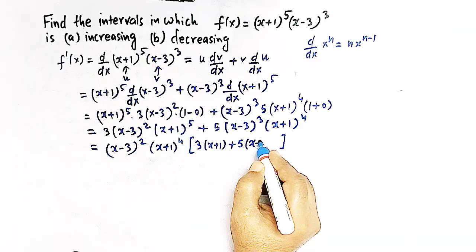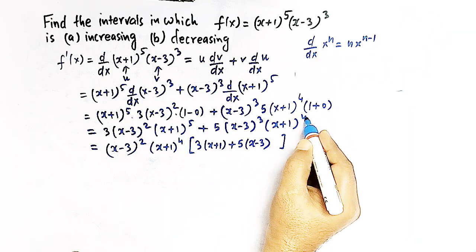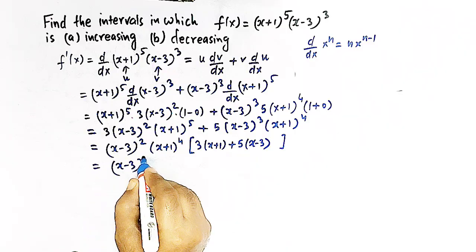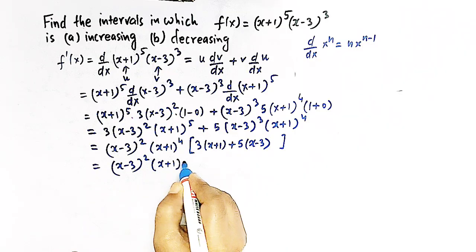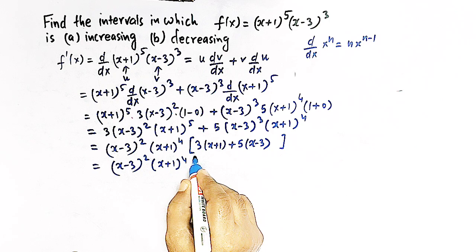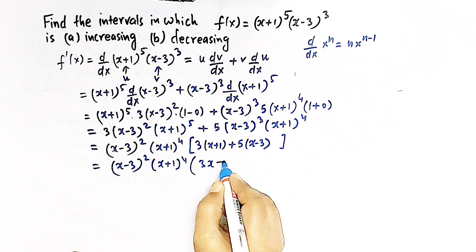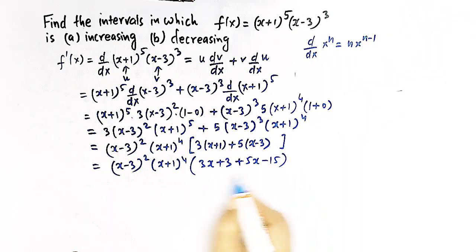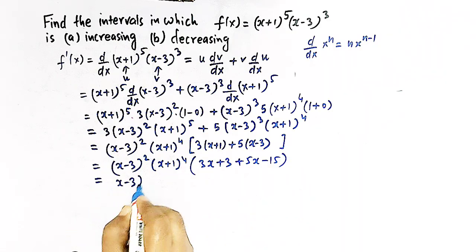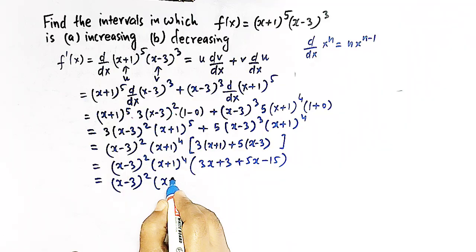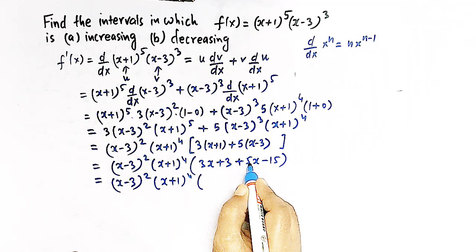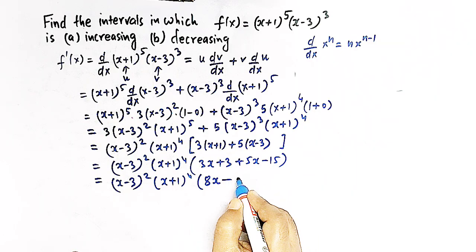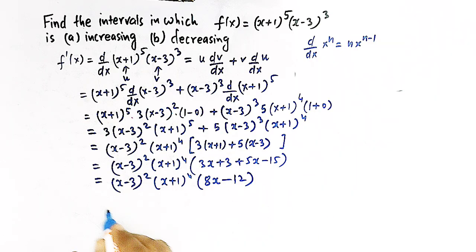So we can write (x - 3)^2 (x + 1)^4 times (3x + 3 + 5x - 15). That gives (x - 3)^2 (x + 1)^4 times (8x - 12), since 5 plus 3 is 8x, and 3 minus 15 is minus 12.